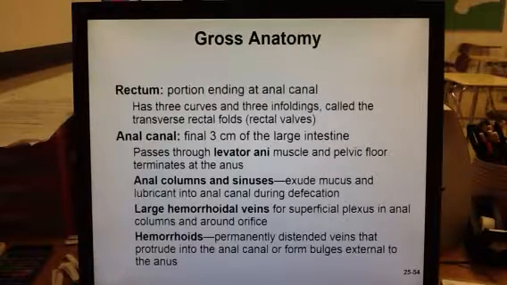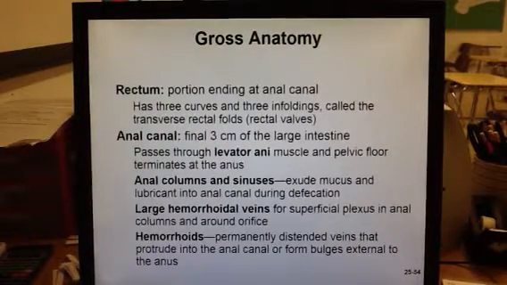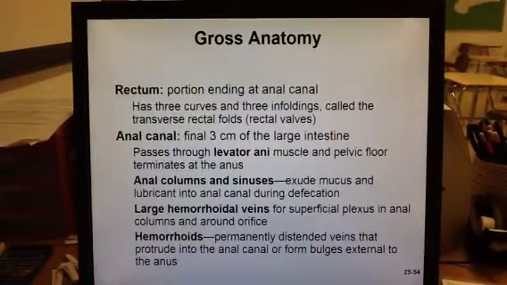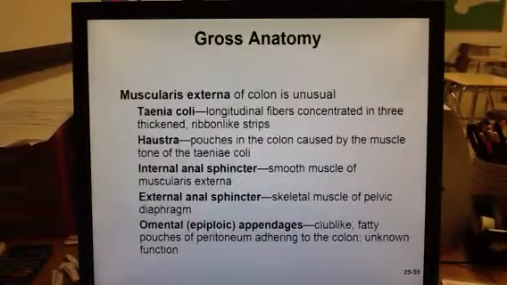We see some mucus and lubricant released into the anal canal during defecation. And then we are also going to take a closer look and see where those hemorrhoidal veins are. There are hemorrhoidal veins in the anal columns, and hemorrhoids are when those veins protrude into the anal canal and make bulges that can be external to the anus.